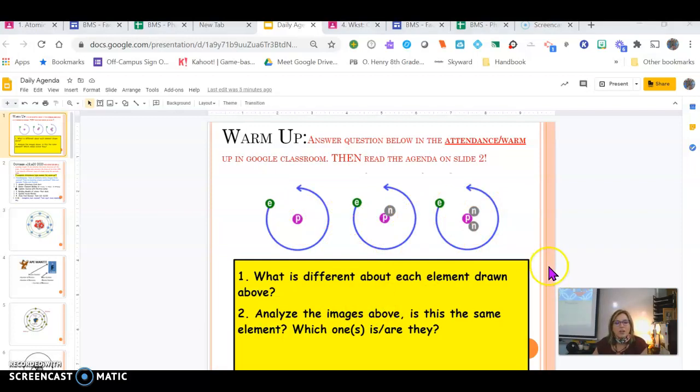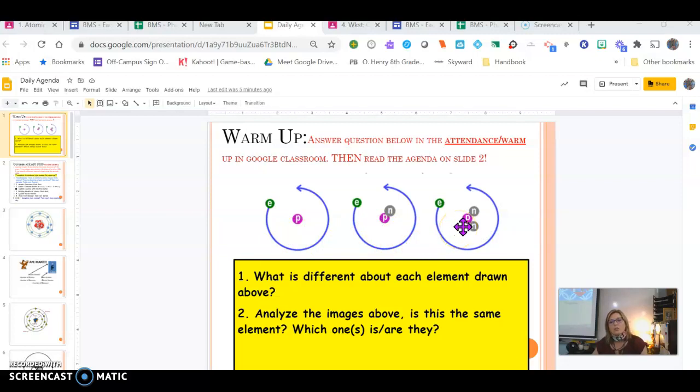So now that we have thought, you should have seen that the center or the nucleus, meaning the mass, there's a different number of neutrons in each of these element models. And when I look at this, this is considered the same element because remember, elements are identified by their number of protons. So there's one proton here, one proton here, and one proton here.